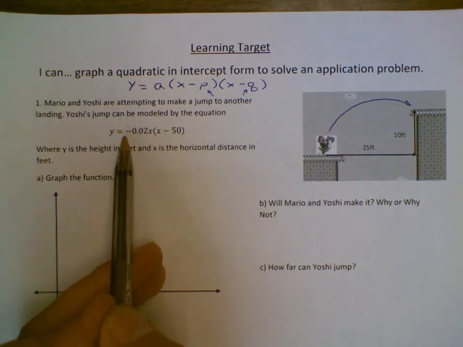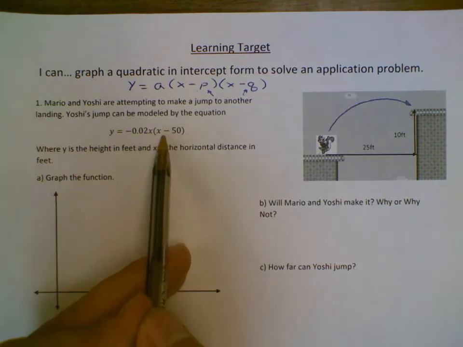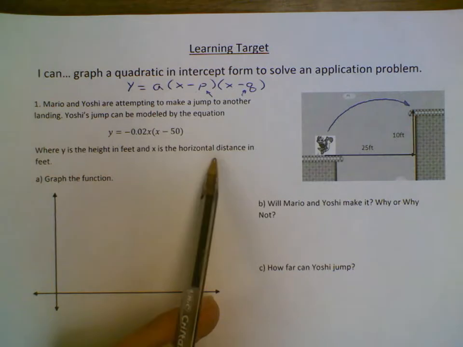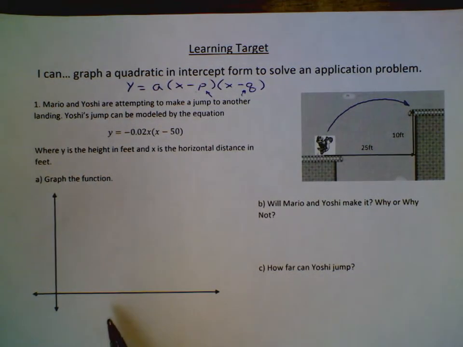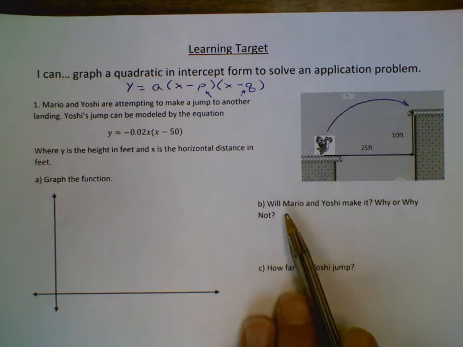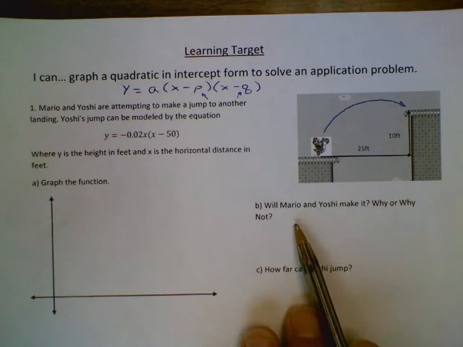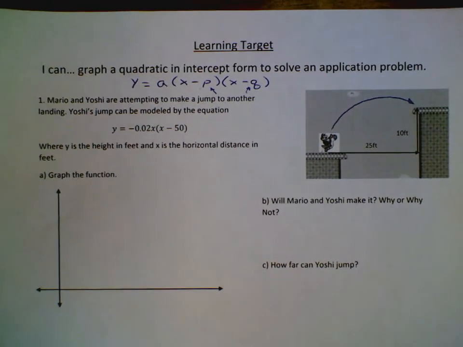Y equals negative 0.02x times x minus 50, where y is the height in feet and x is the horizontal distance in feet. We're going to make a rough sketch of the graph of the function, and we're going to try and figure out, will Mario and Yoshi make it? Why or why not? And then we're also going to try and figure out how far can Yoshi jump.